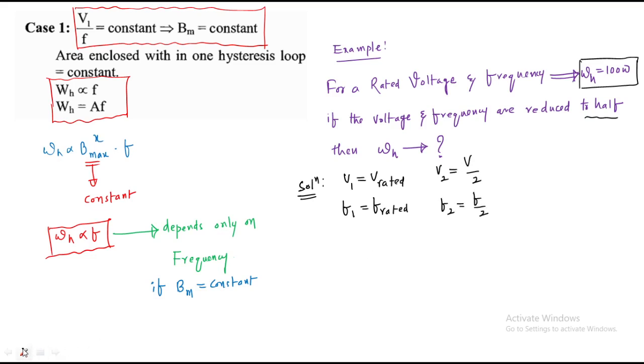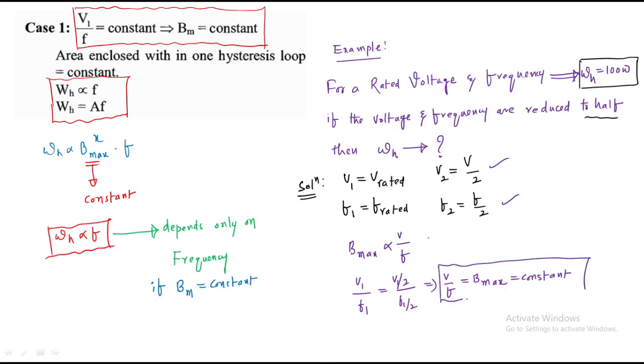So we have to check Bmax, which is proportional to V by F. Therefore V1 by F1 equals V1 by 2 by F1 by 2, which is V by F only. Because both are reduced to half, in accordance with the voltage the supply frequency is reduced. Therefore the value of Bmax is constant.